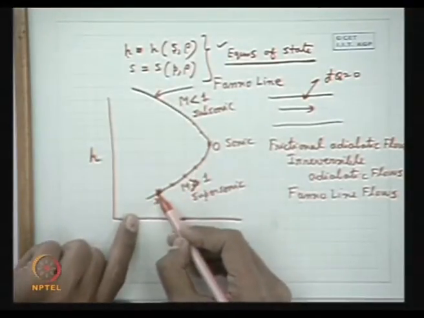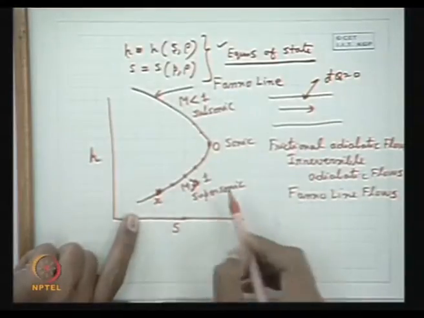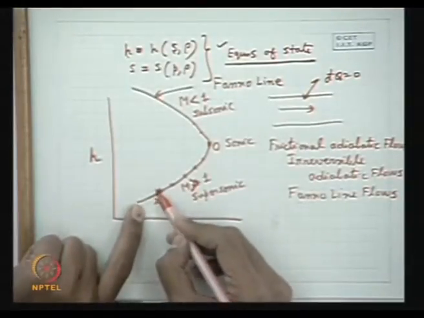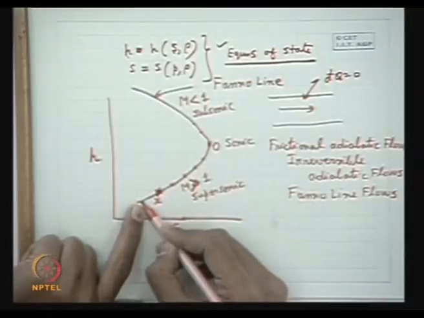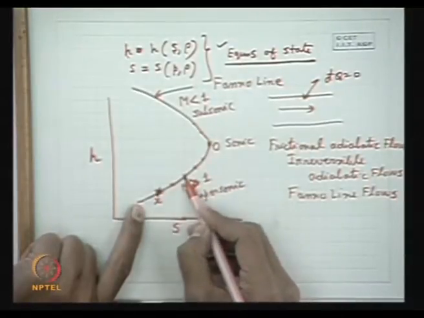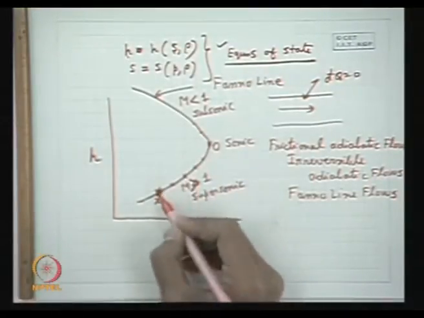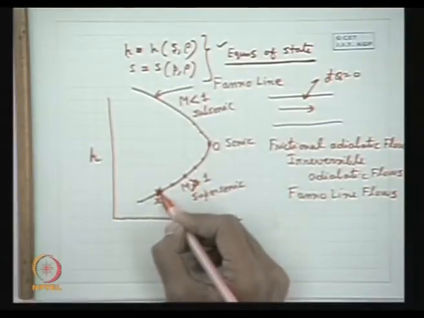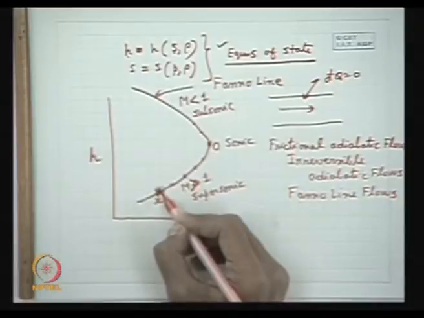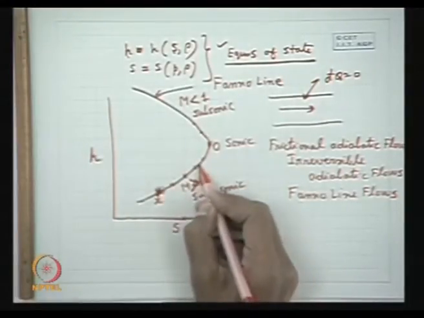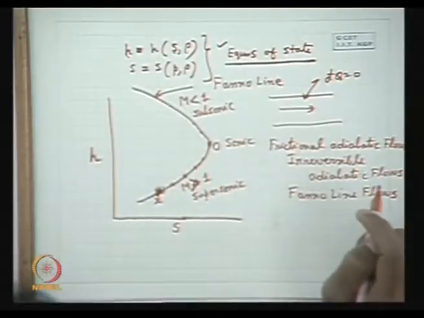If the upstream point is this one, the downstream point cannot come here, it has to go there. Why, can you tell? For any point in a supersonic flow, if we fix the upstream point at a particular point x, why will the downstream point always be along the curve in the right direction? Entropy cannot decrease. Very good.